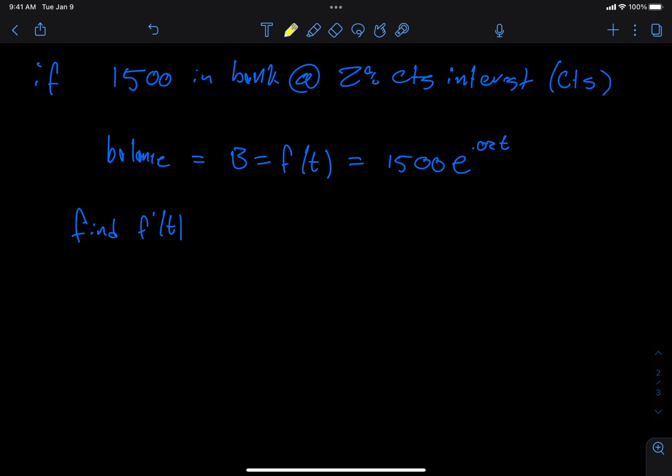Okay, so there's two rules that I'm going to use to do this derivative. The first rule tells me what is going to happen with this 1500 when we do this derivative. I have 1500 times e to the 0.02t. Question for the class. Do I need to use the product rule for 1500 times e to the 0.02t?